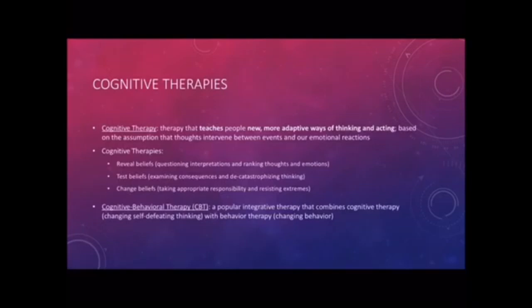So change the way that you think while also eliminating bad behaviors. It's just a combination of both of those types of therapy. We want to change these self-defeating thought patterns, and we also want to change the way that people actually behave in their life. And it's usually that those behaviors are a response to their cognition. And so by fixing the cognition, sometimes you also fix the behavior.